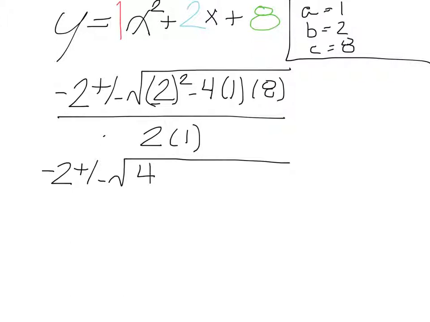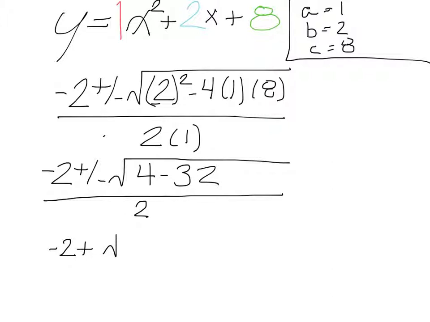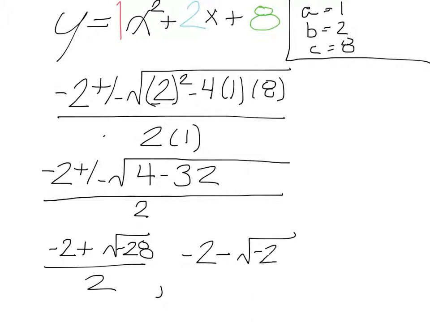Okay, so 4 minus 32. I'm going to draw my line here. 2 times 1 is just 2. So now I have two solutions. I have negative 2 plus square root of negative 28 all over 2, and I have negative 2 minus square root of negative 28 all over 2.